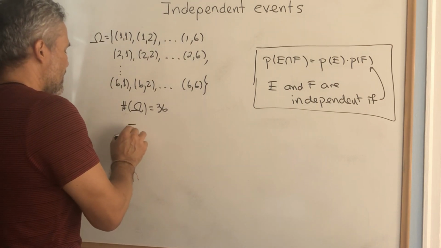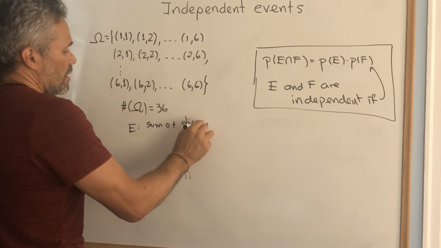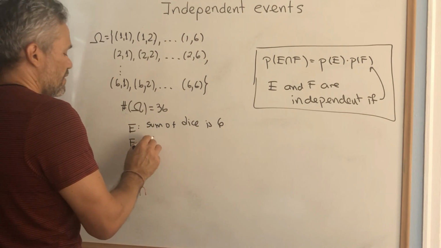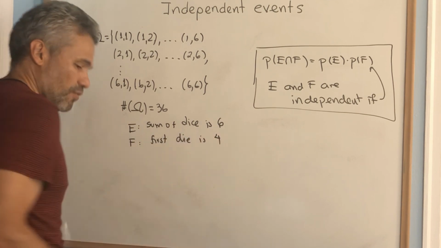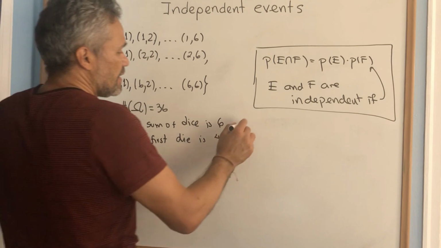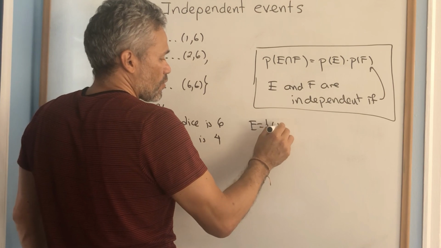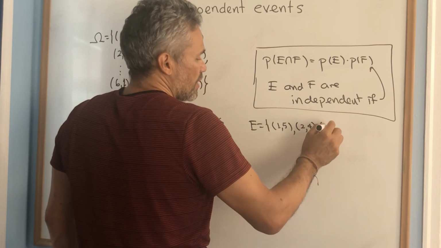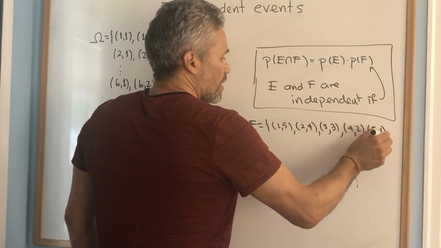Let's consider the event E, that the sum of the dice is 6, and let's consider the event F, that the first die is a 4. Then let's see if these two events are independent. What is E? E is the event 1,5; 2,4; 3,3; 4,2; and 5,1.